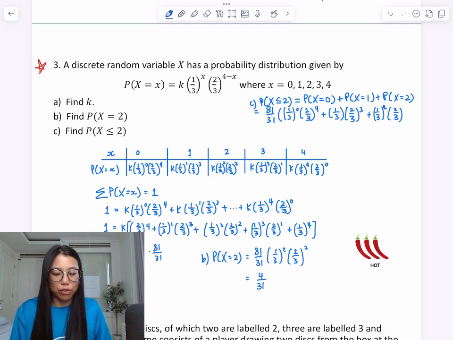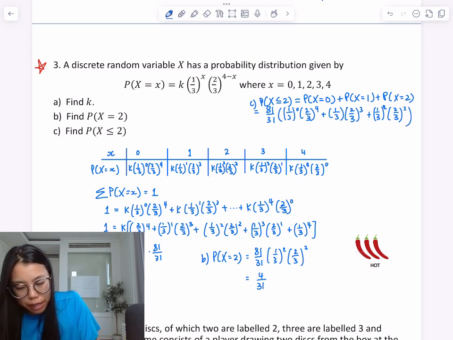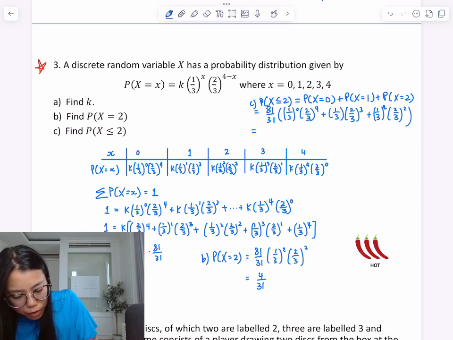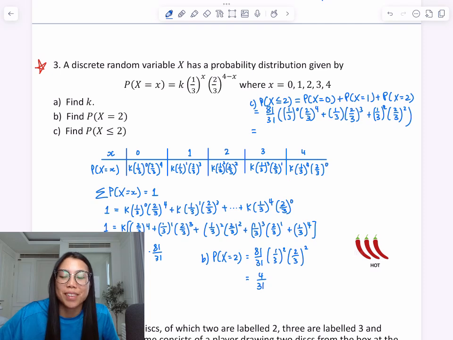Okay, so summing this all up, we will obtain a value of 28 over 31. And we are done for this question.